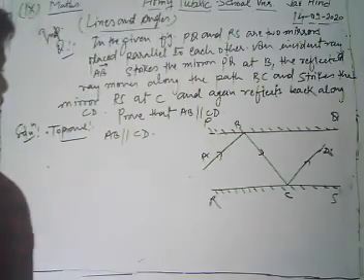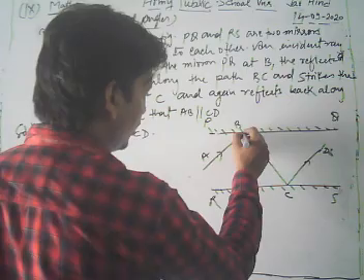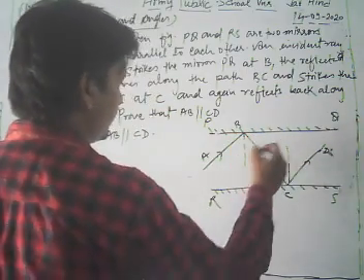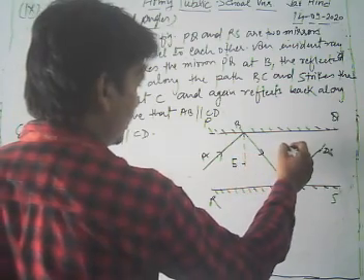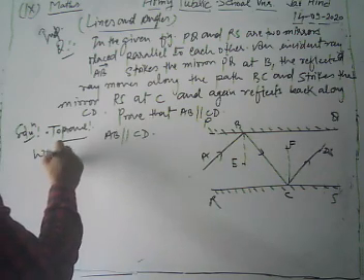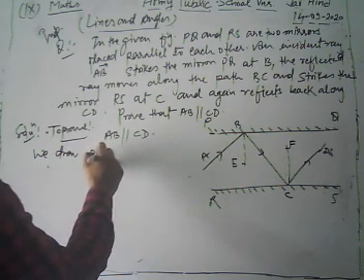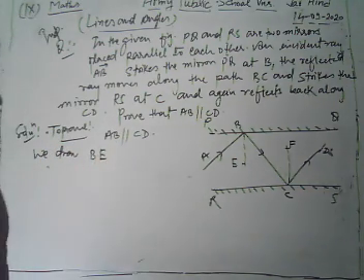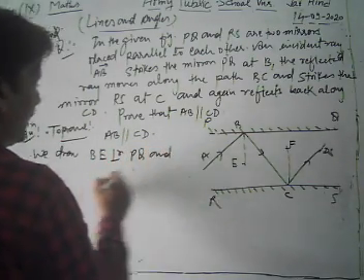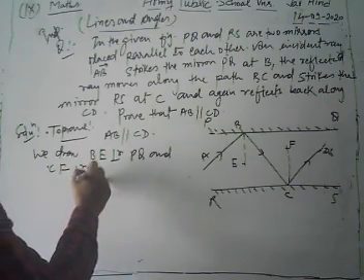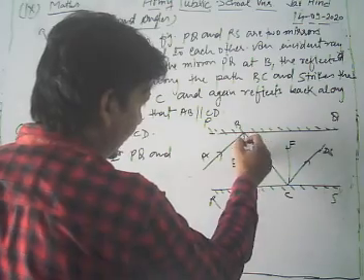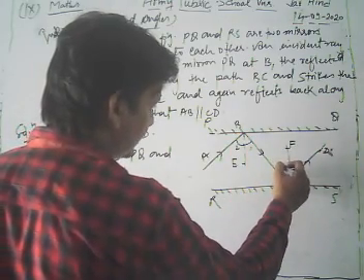First of all, we have to do some construction. We draw BE perpendicular to PQ and CF perpendicular to RS. Okay, we take angle 1, angle 2, angle 3 and angle 4.